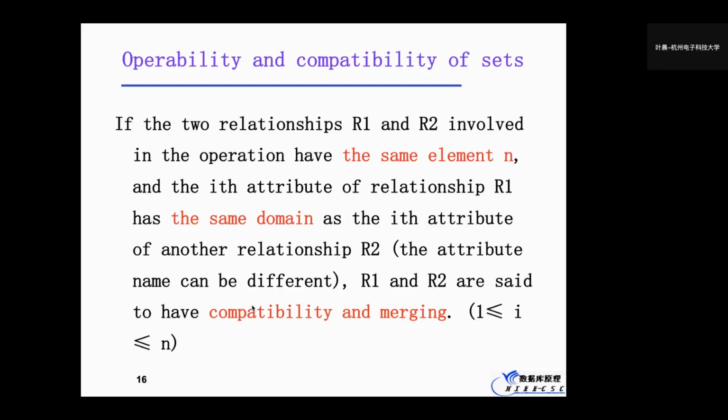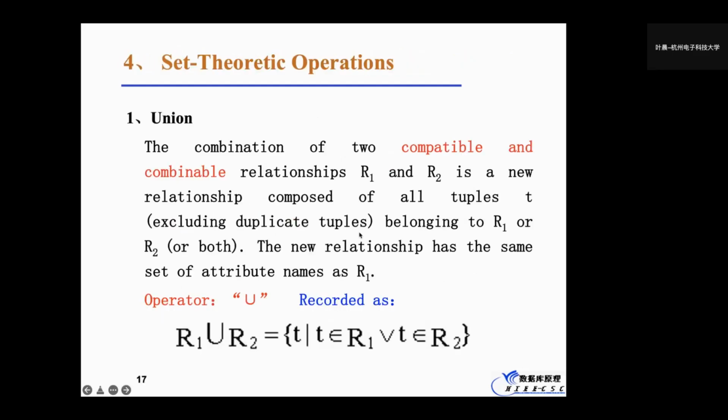So it means they need to have the same number of attributes, and each attribute should have the same domain as in the other relation. So then after we know what we need to call compatible and comparable, we can introduce how to use these different kinds of operators.